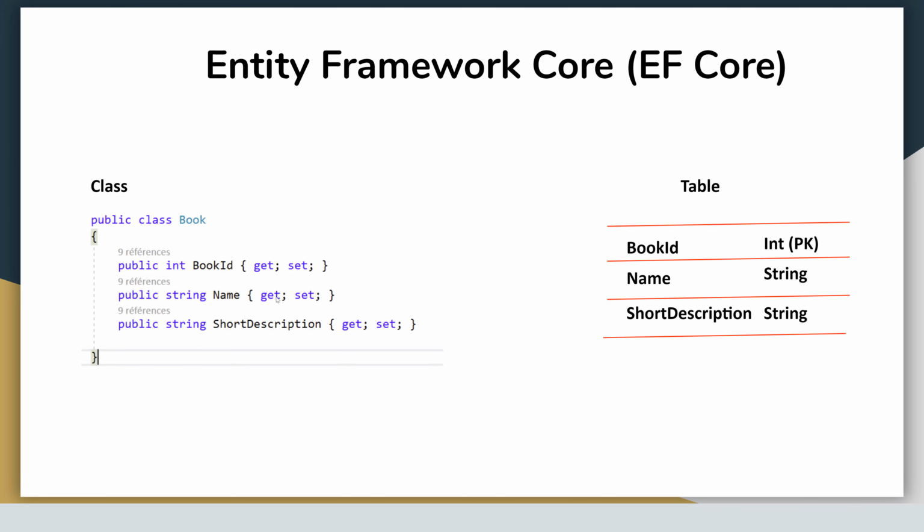Entity Framework does the translation for that and creates a table with the book ID, the name and the description. The book ID will be the primary key. So Entity Framework does the translation from our classes to a database and creates the table.